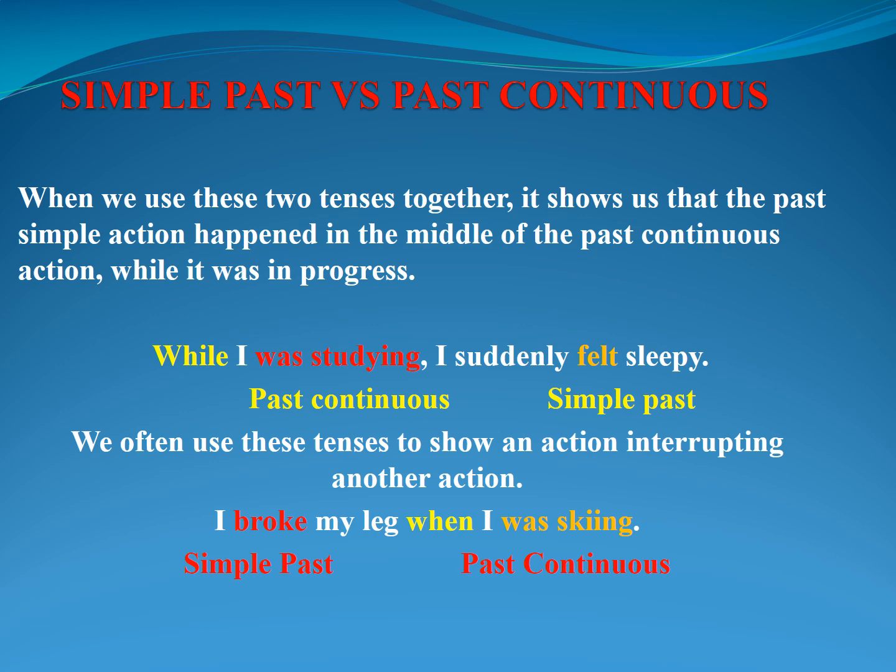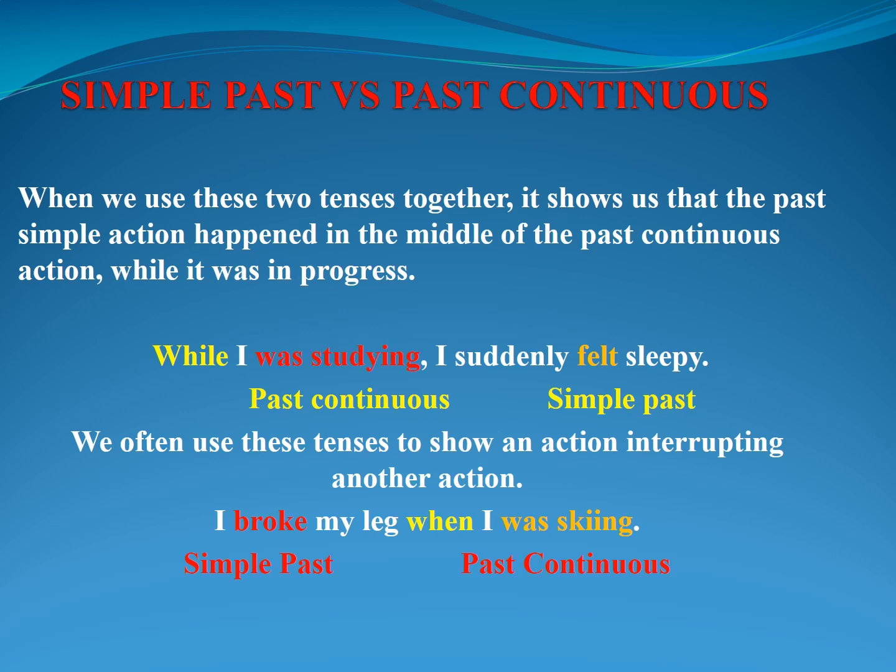So I was studying, but then I felt sleepy because I was so tired I couldn't finish my studying. So I felt sleepy. So I need to sleep. So past continuous is always the first action, as well the simple past is the second action.